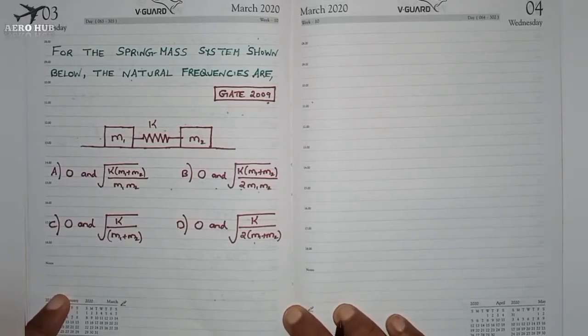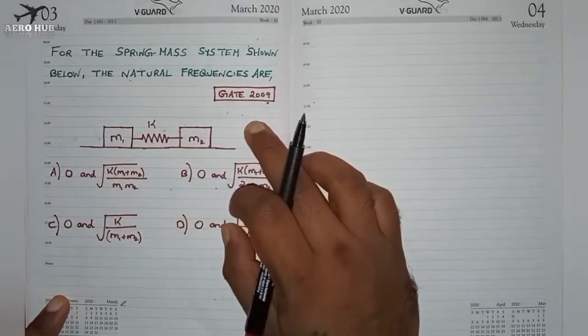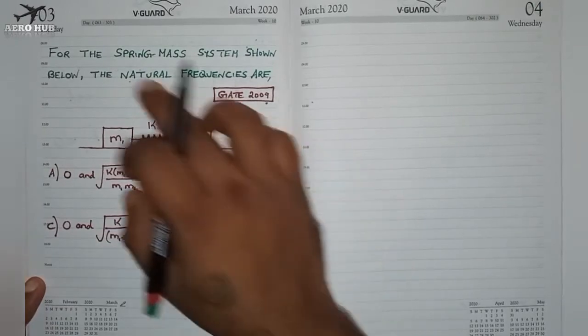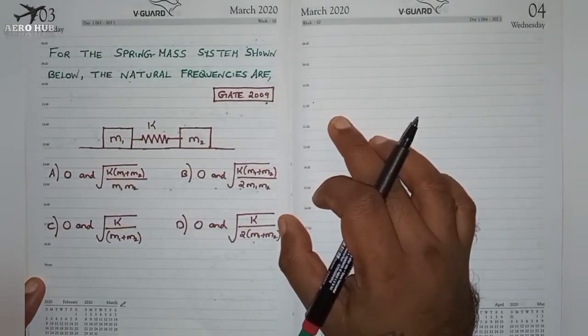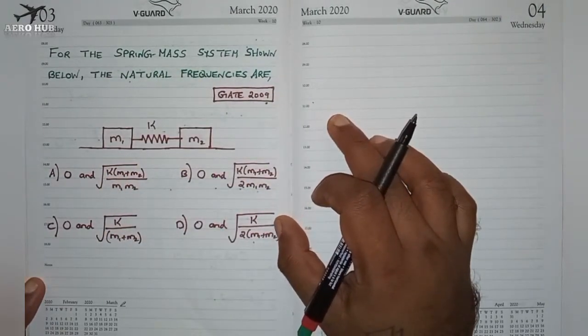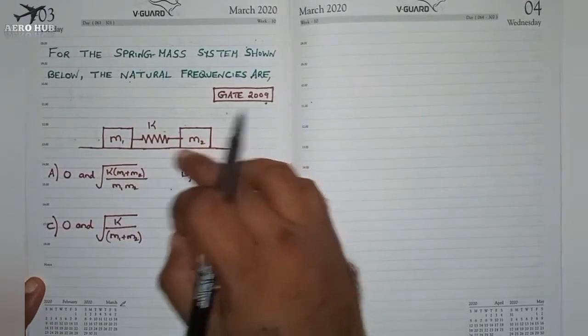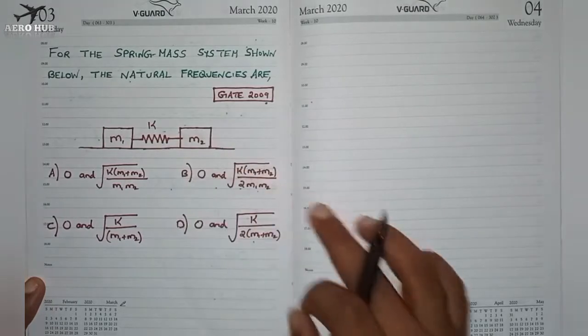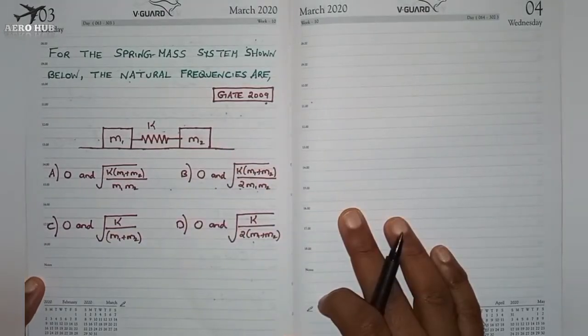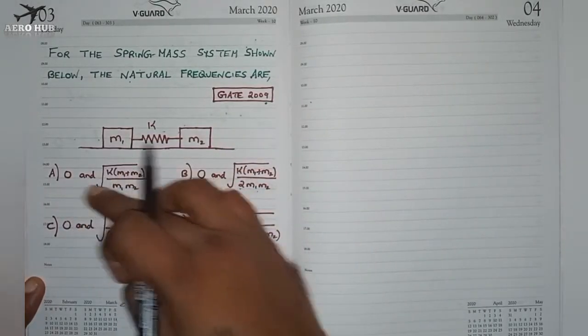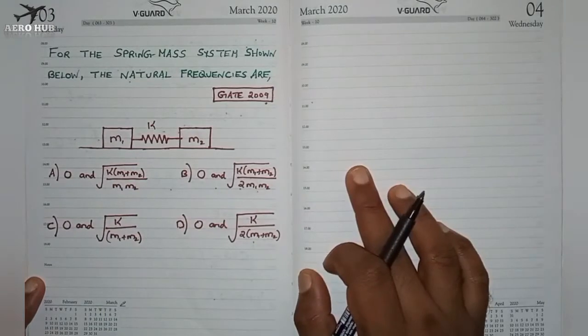This question was asked in GATE 2009. You can see the question: for the spring mass system shown below, the natural frequencies are, okay, we have M1, M2 and a stiffness of K, and the options are: option A, 0 and root of k into (m1 plus m2) by m1 into m2.